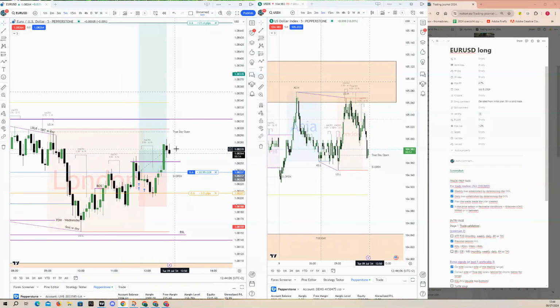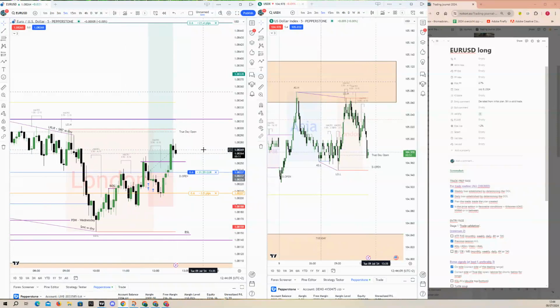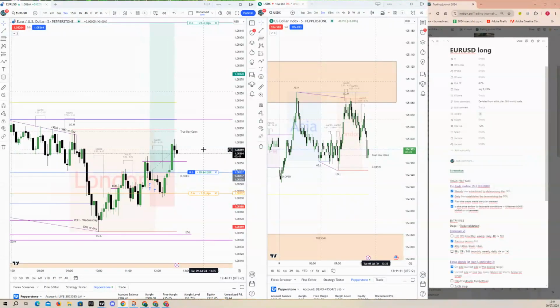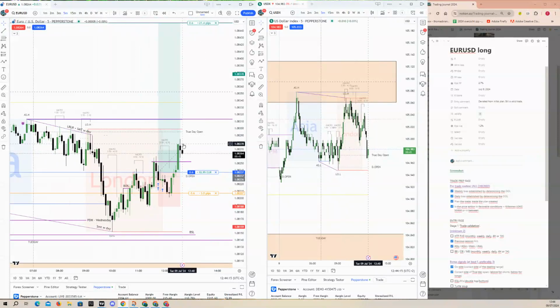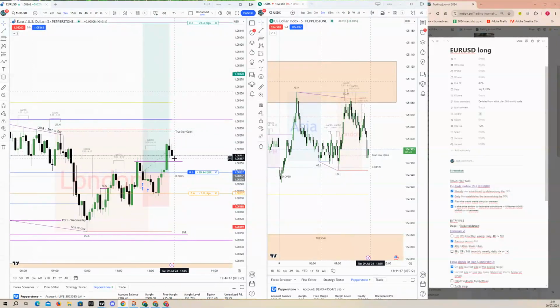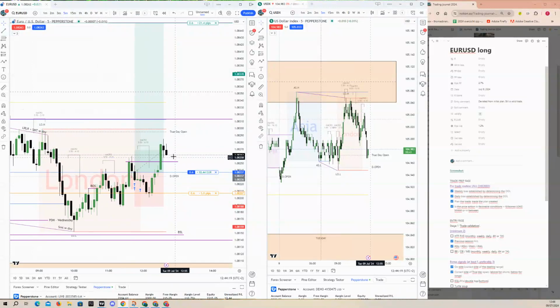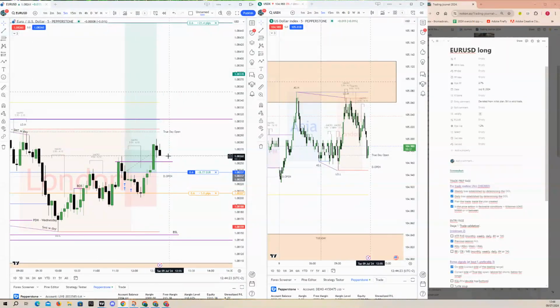So looking at the next move, which is the pullback that was expected, kind of expected it already before we ever hit that liquidity. So now just hope that it doesn't turn around on me and that it's indeed just a pullback.